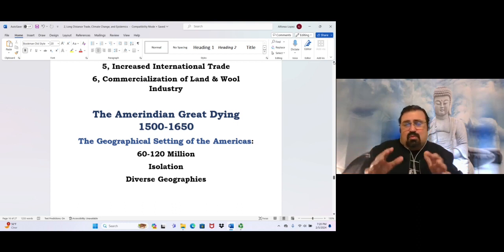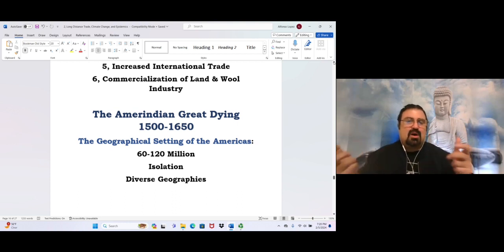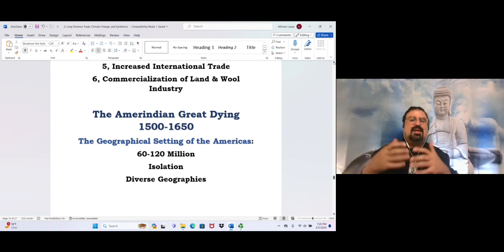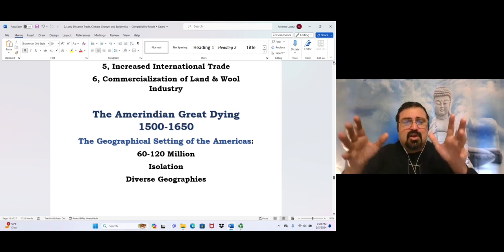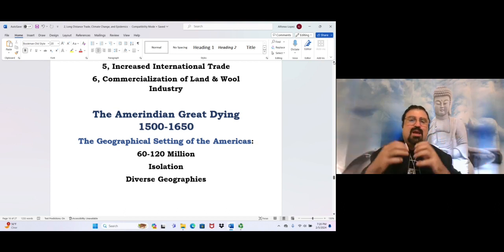Of course, there were no factories back then. There were just artisans turning wool and wool thread into clothing, for example. And we're going to see the rise of a new industry, the wool industry. This is going to be central for the upcoming industrial revolution and the arrival of capitalism as well, when people are turning the land into an enterprise, commercializing with that, and creating manufacturing as well.